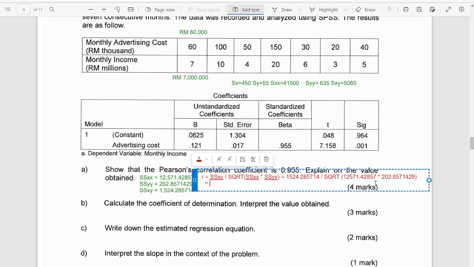Okay, bila kira ni you akan dapat 0.9545, sama macam kita nak kan. So you should get this one to be 0.9545.